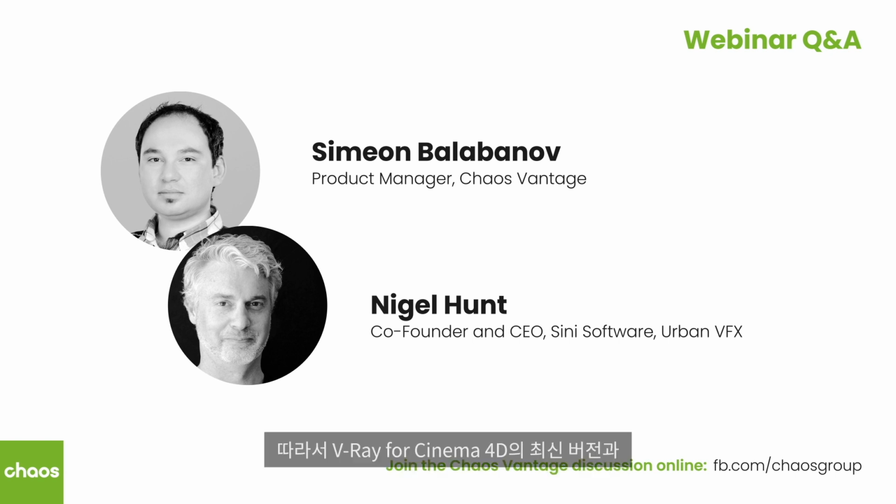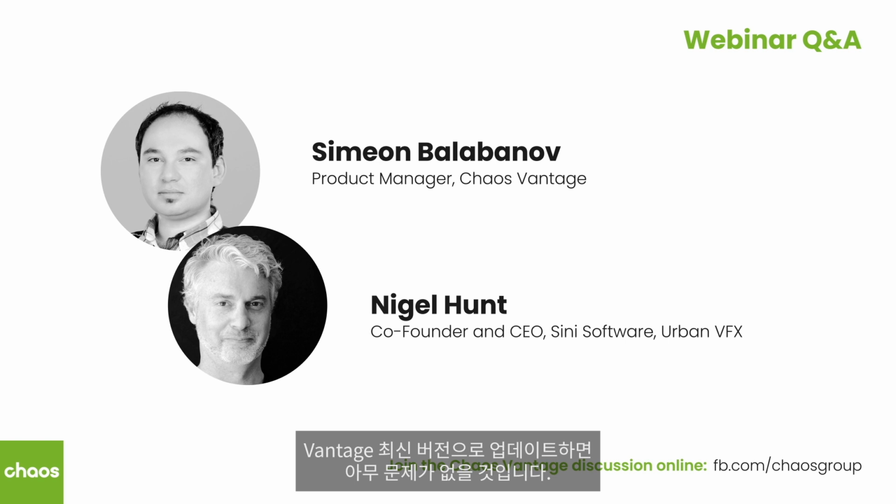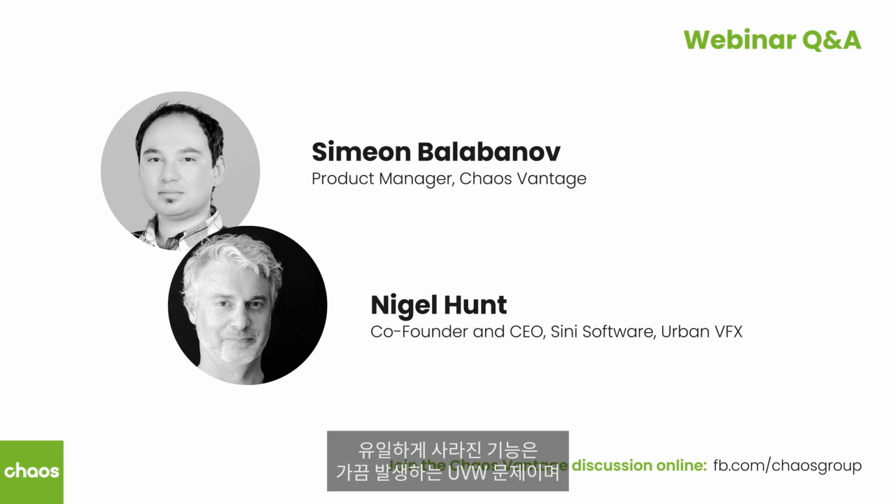So if you update to the latest versions of V-Ray for Cinema 4D and the latest version of Vantage, you should not have any issues. The only missing feature would be an occasional UVW issue, and the live link is not yet exposed in Cinema 4D, but both of those are going to be supported in the near term future.